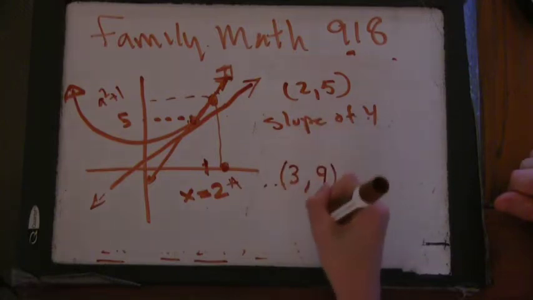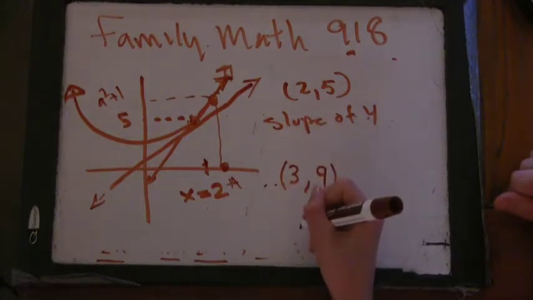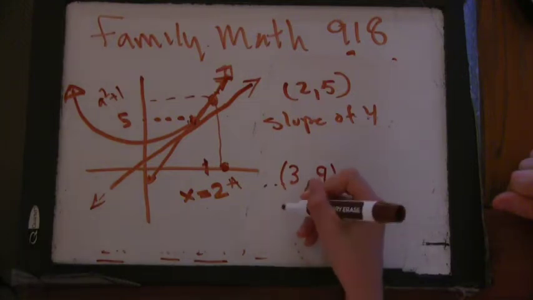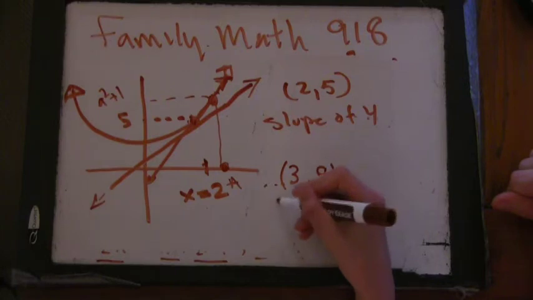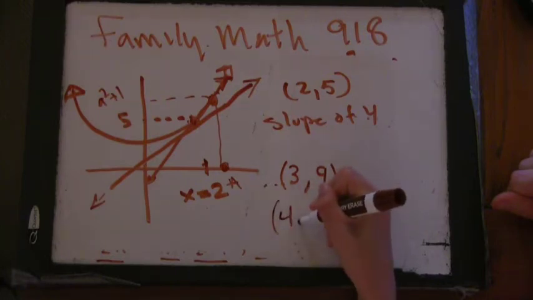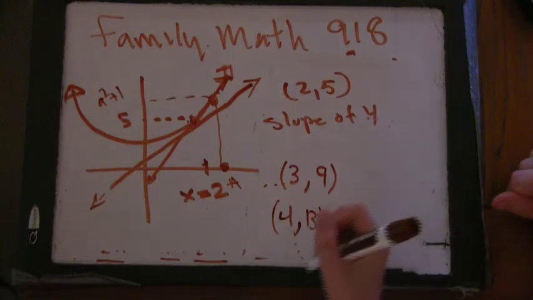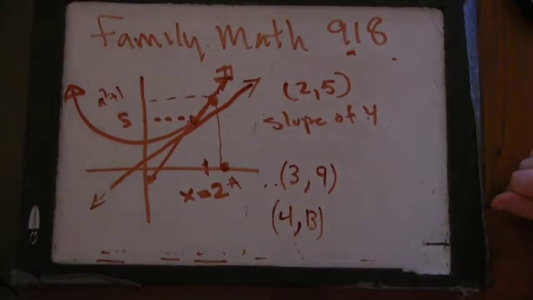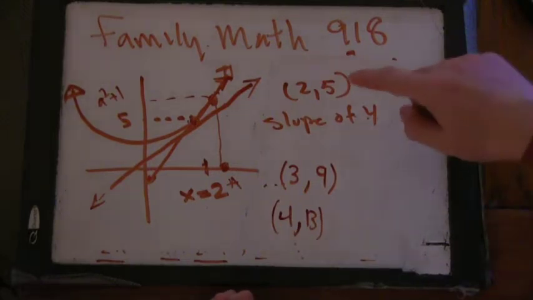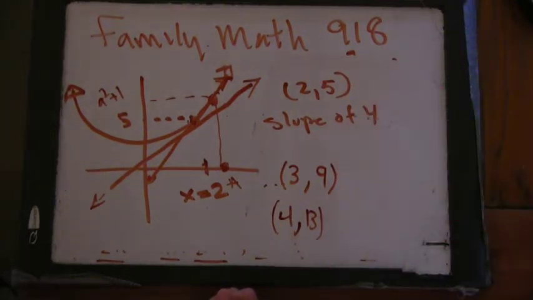Okay, good. That would be 4, 13. So I'm going to have points like (2, 5), (3, 9), (4, 13).